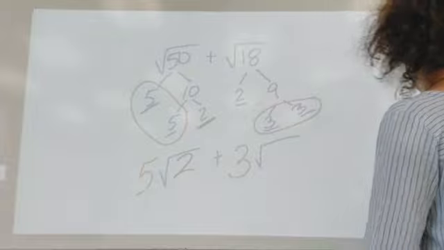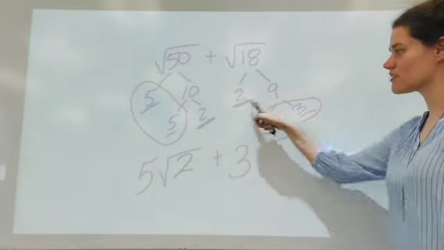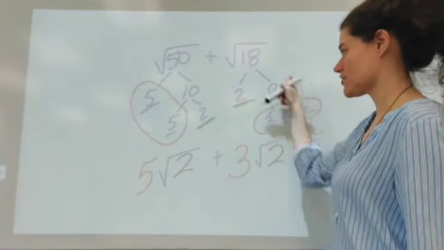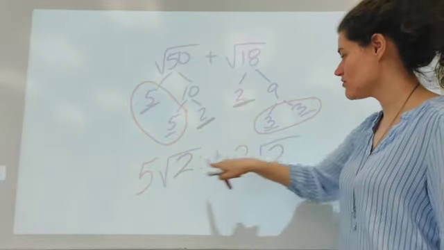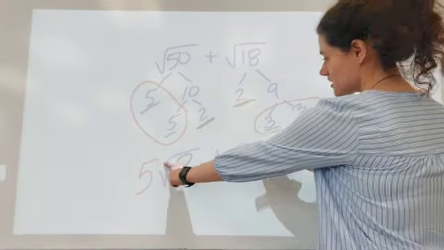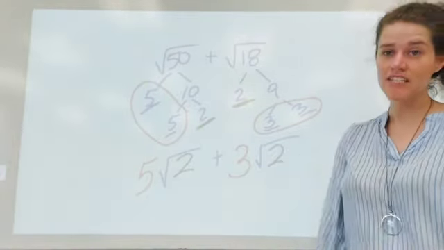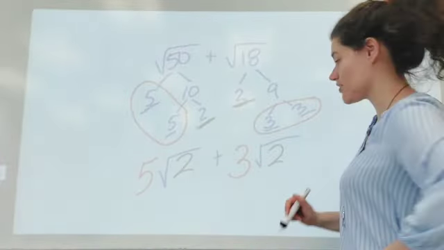And then this radical here has a 2 in it because the 2 is what's left over in this factor tree. So now these radicands do actually match. So I have an index for both of them is 2, and the radicand on the inside is also 2. So now they are able to be added together.